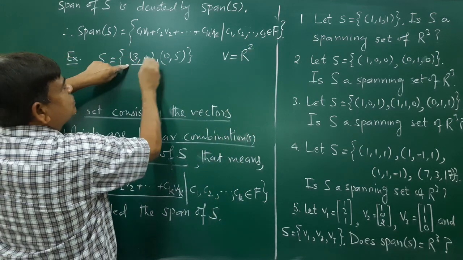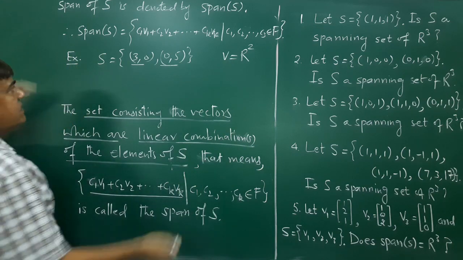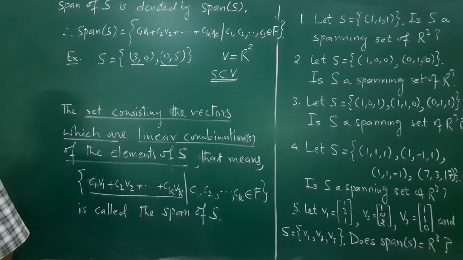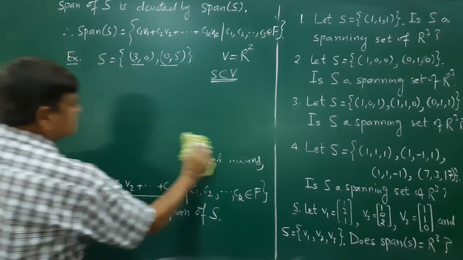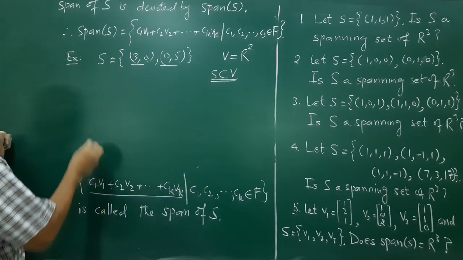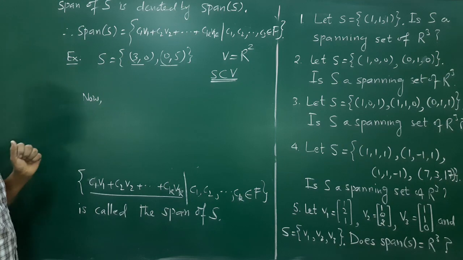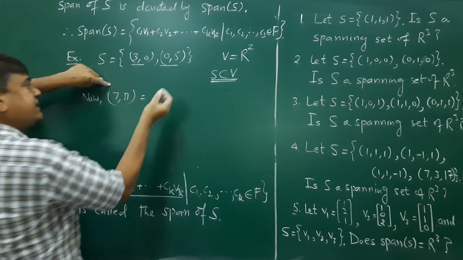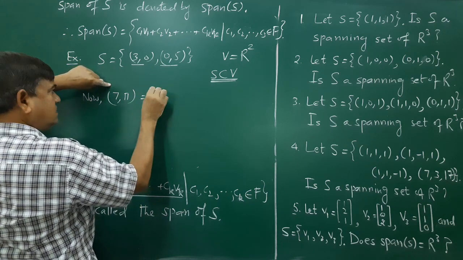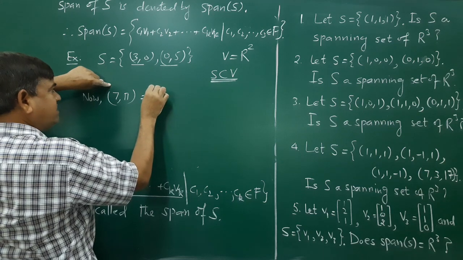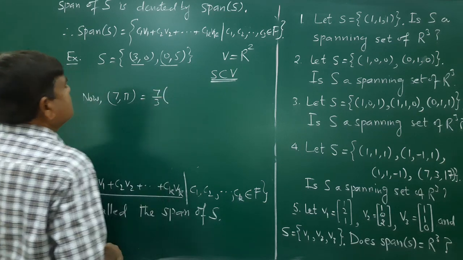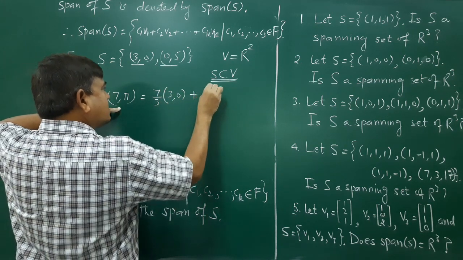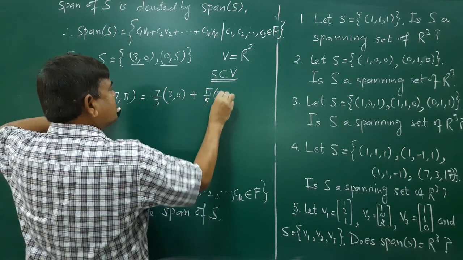So definitely these two members are members of V. So here S is a subset of V. Now I write 7 comma pi equals 7 by 3 times 3 comma 0 plus pi times 0 comma 5.